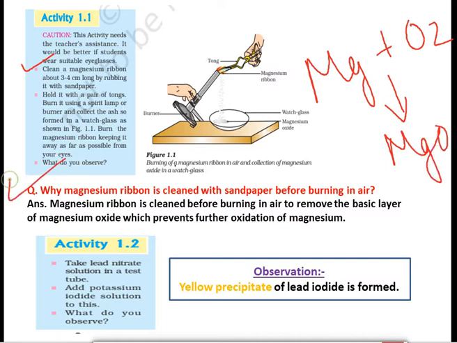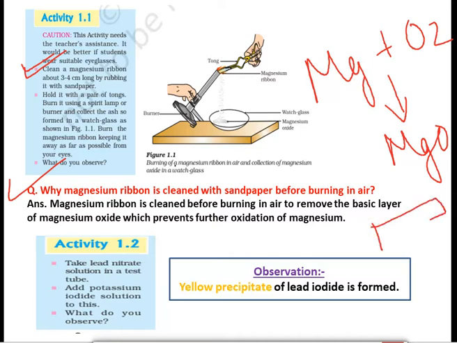One question which can be asked from this section is: why is the magnesium ribbon cleaned with sandpaper before burning in air? You can see in the first point they have written to clean the magnesium ribbon with sandpaper. The magnesium ribbon is cleaned before burning in air to remove the basic layer of magnesium oxide, which prevents further oxidation of magnesium.